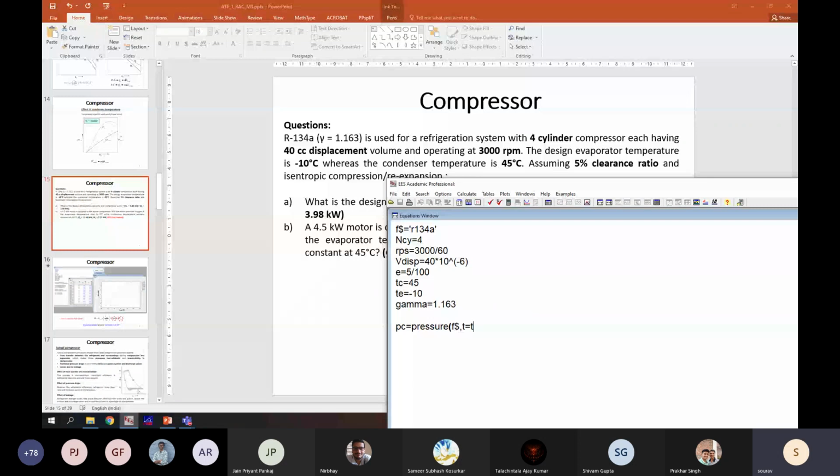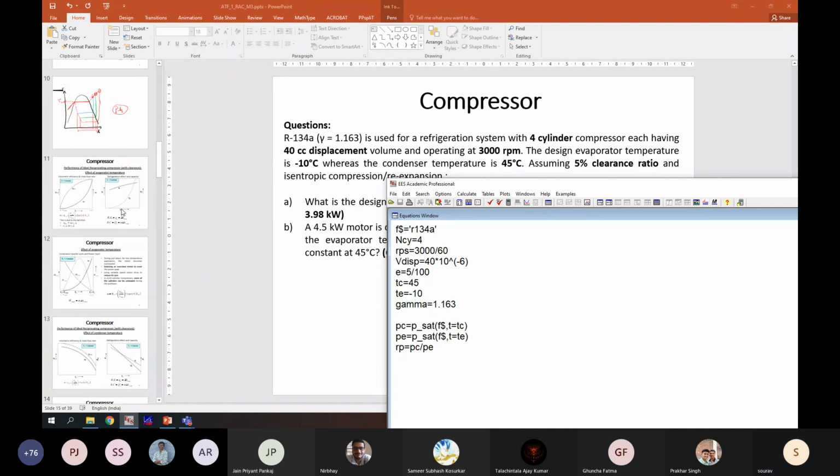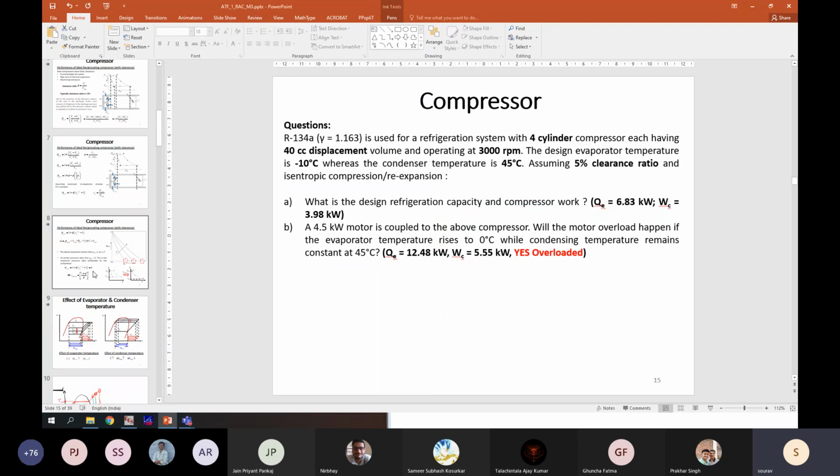T equals to C. And let's get the evaporator pressure. So this will give me the pressure ratio. What is the expression for volumetric efficiency? Let's go back and quickly write the expression here.